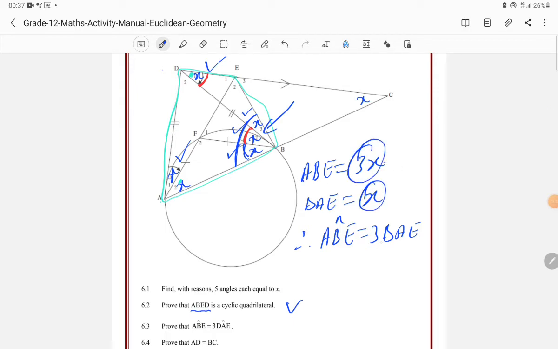So really ABE is DAE multiplied 3 times to find its size. So this is what we have done.